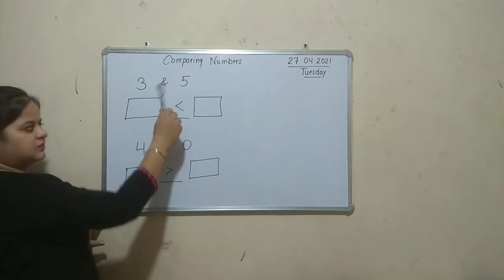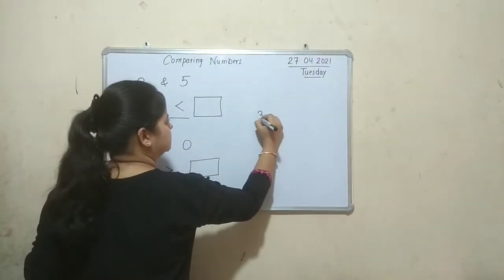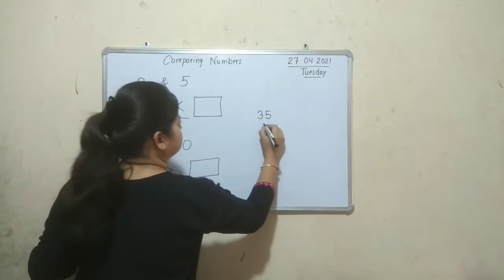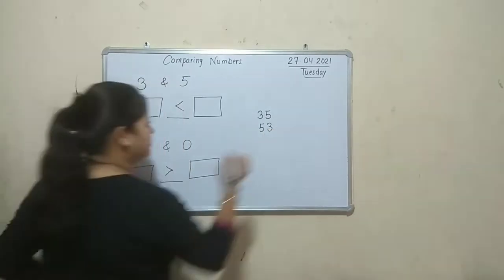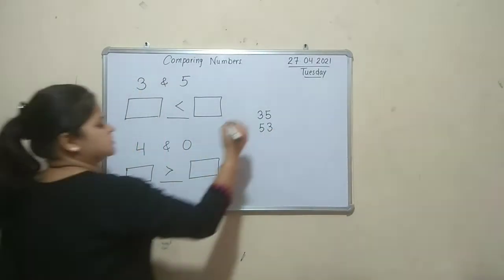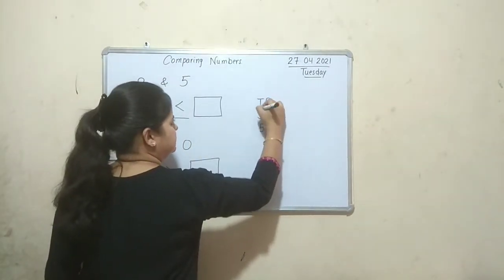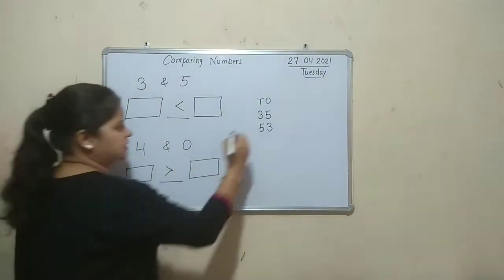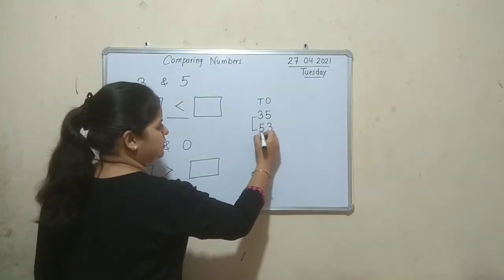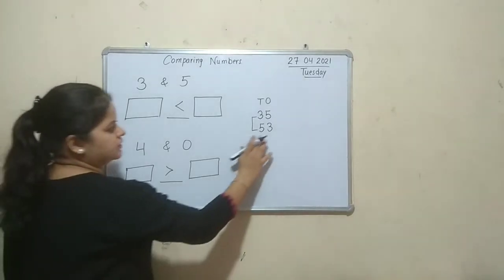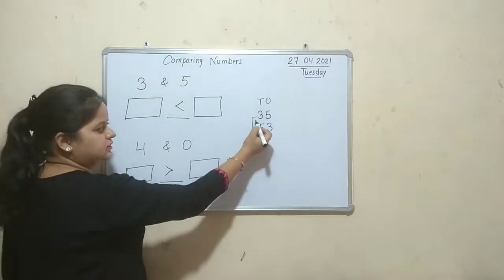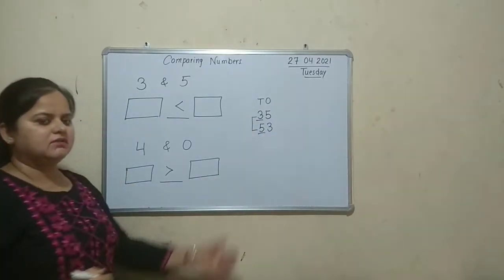In the first sum we have the two digits 3 and 5, and we can make two numbers, 35 and 53. We have to see the digits placed on the tens place. According to this, 3 and 5, 5 is greater.